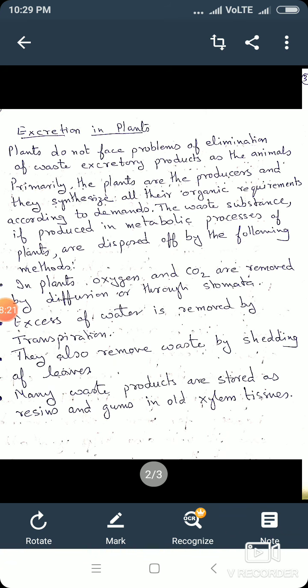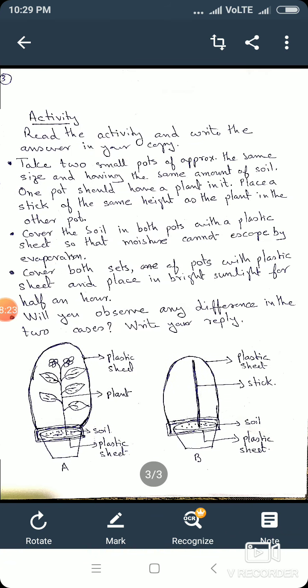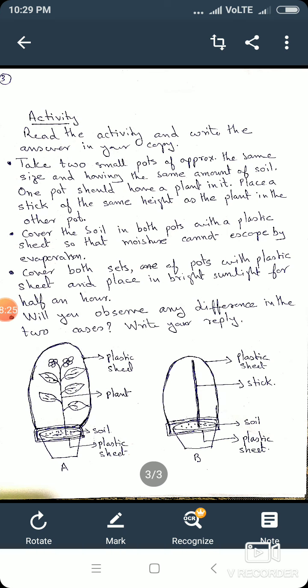Now I'll be talking here about one activity. Read the activity, try to understand and write the answer in your copy. Now as you can see on the screen, there are two pots. First, we'll take two pots, and both the pots will be of approximately same size, having the same amount of soil.